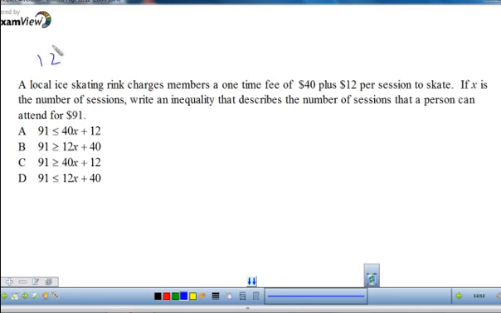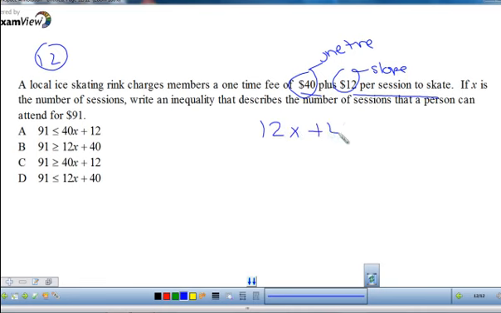Okay, number 12. A local ice skating rink charges members a one-time fee of $40 plus $12 per session to skate. Okay, so 40 is the one-time fee. So this is going to be my slope. So the equation so far looks like 12x plus 40.